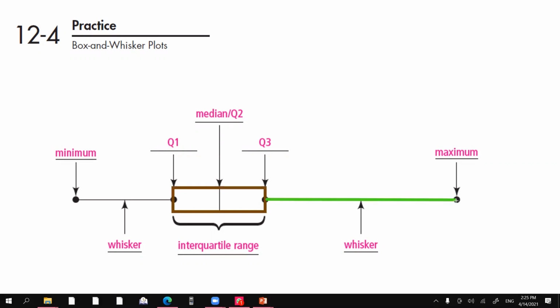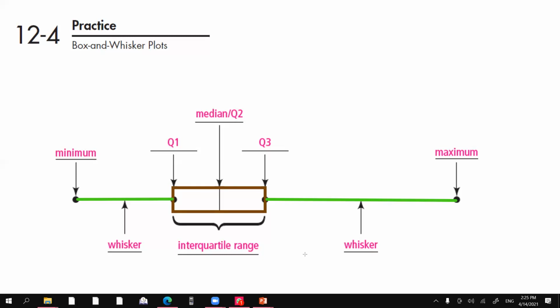This is the first whisker and this is the second whisker. The first whisker starts from the minimum up to Q1. The second whisker starts from Q3 up to the maximum. The box starts from Q1 up to Q3.